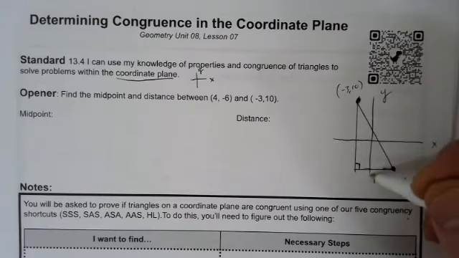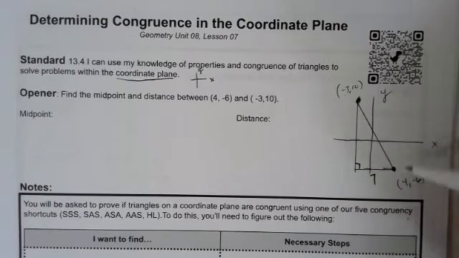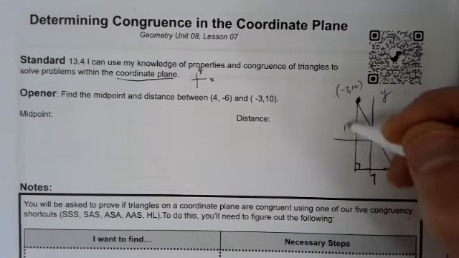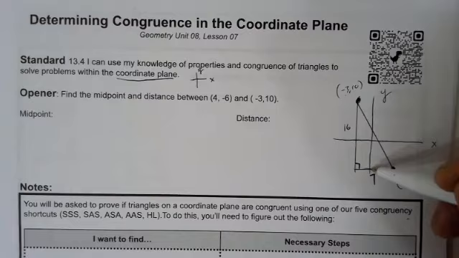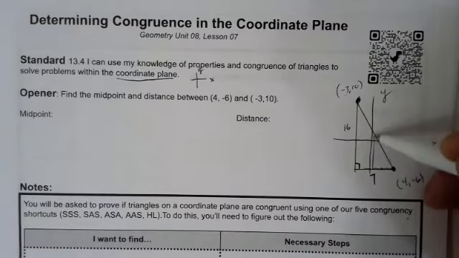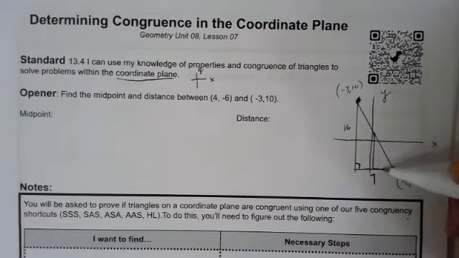Well, that's going to be 7. We're not worried about negative or positive, we're just focused on distance here. And we go from -6 up to 10, that's going to be a difference of 16. So if we wanted to go to the midpoint, we would go over 3.5 and then up 8. So that's going to be the middle of that.